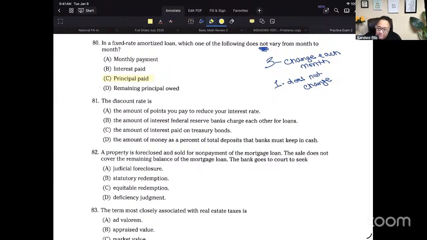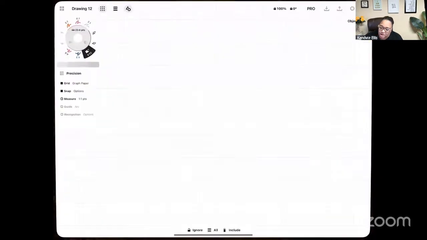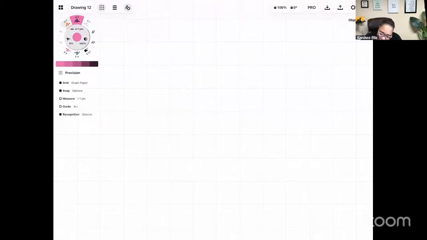So Trix said it was C. Let's look at it. This is a fixed rate amortized loan. So what does that mean?